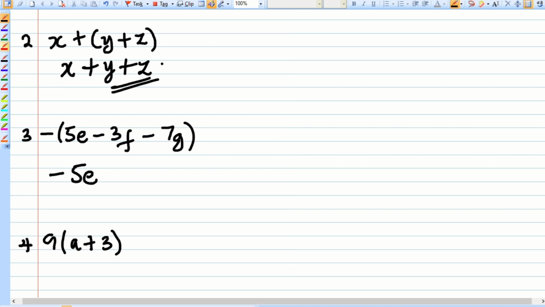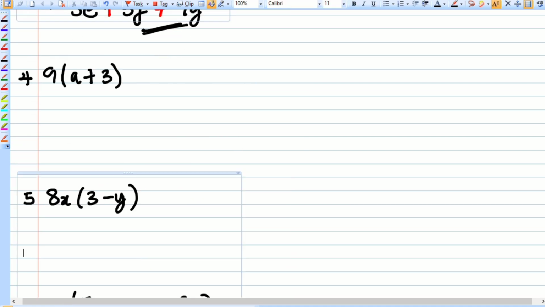I think I'll use red for that so you see what's going on. So that's plus now, plus 3f. Alright, we have another plus 7g there. So this becomes our final answer. So you see, because there's a negative sign before the bracket, the signs inside the bracket are changing, negative to positive. Alright, so let's go to the next one.